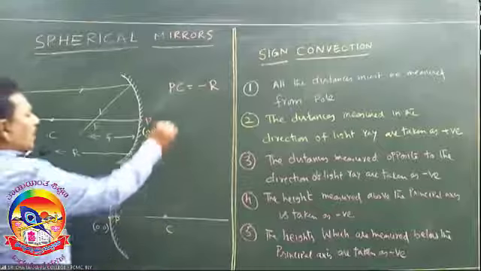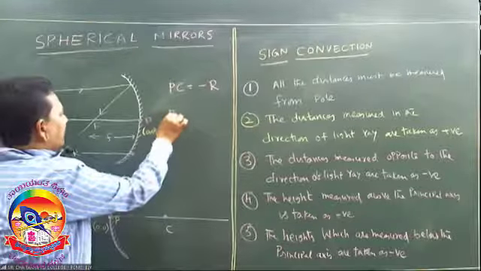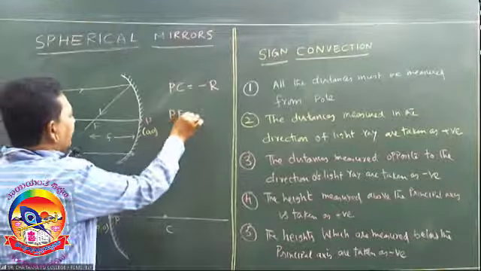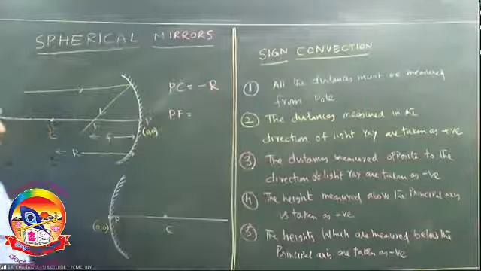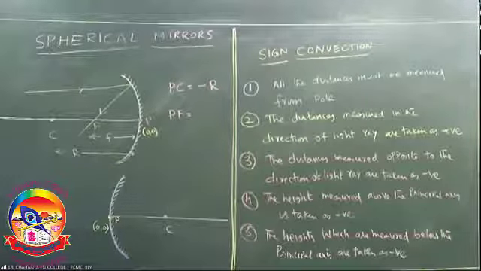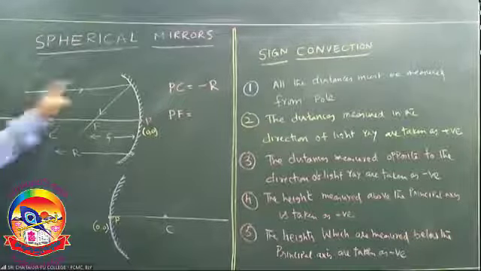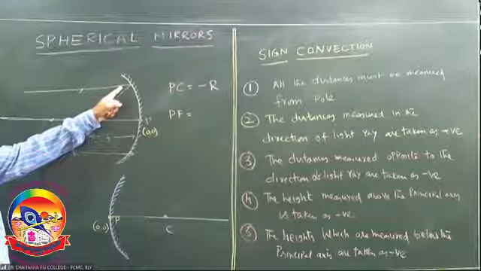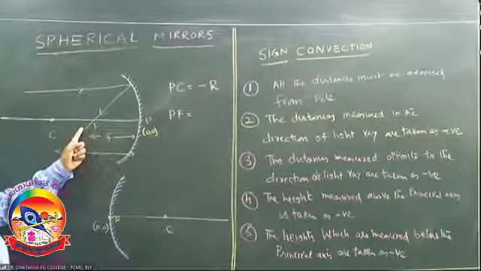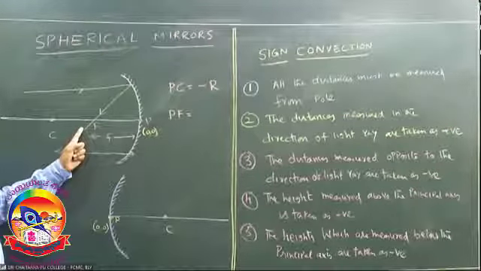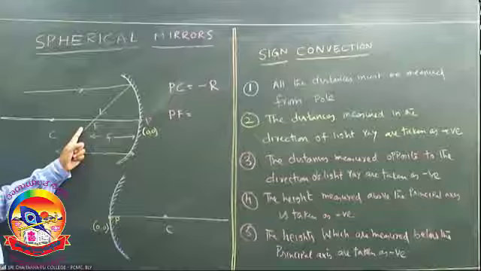Similarly, focal length. Focal length means from where to where we define? From pole to the principal focus. The light ray is coming from left to right. We are measuring from P to F, right to left, opposite to the direction of light ray.